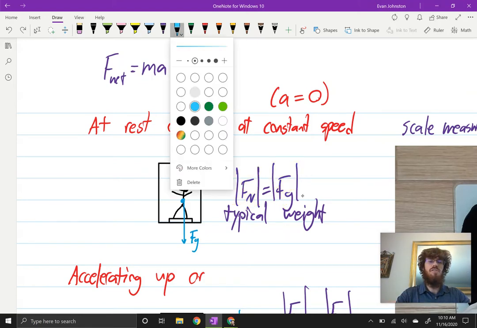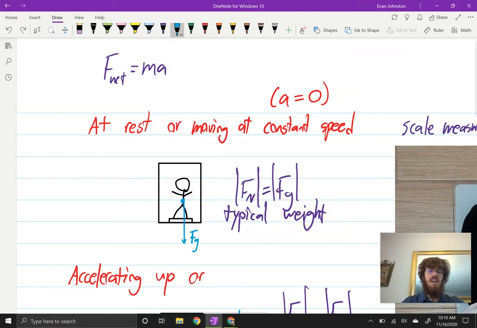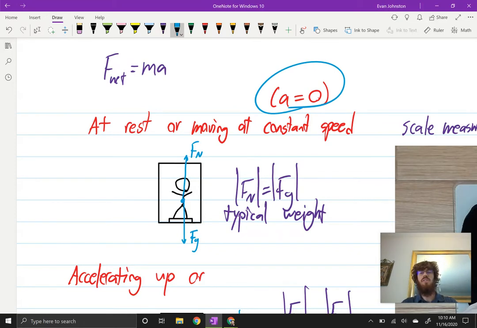If I draw this here, if my force of gravity is 2 lines tall going down, this one would have to be 2 lines tall going up. They're the exact same size. That's because the normal force is matching the force of gravity, since we have zero acceleration. So we get a big zero on this side, and that means our net force is zero.